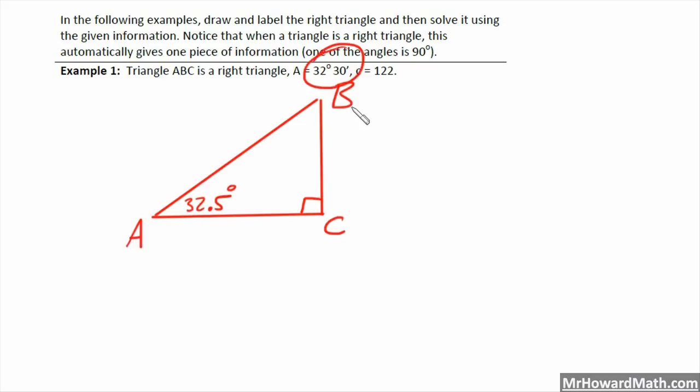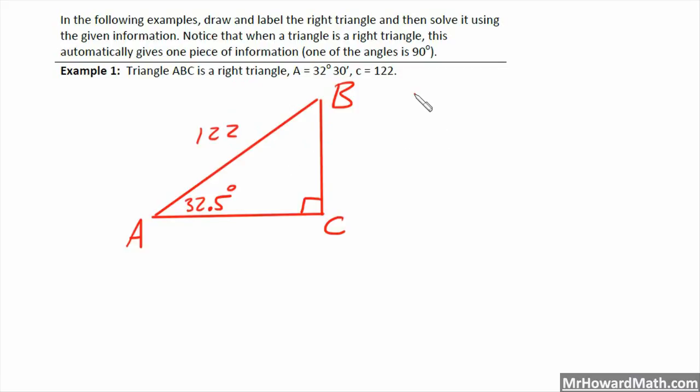I'm going to go ahead and do that work. 30 minutes is half a degree because there's 60 minutes in 1 degree, so 32.5 degrees is the same thing as 32 degrees 30 minutes. And angle C is going to be our right angle. We know that we have a right angle in there because it's a right triangle, and then the hypotenuse here would be 122.